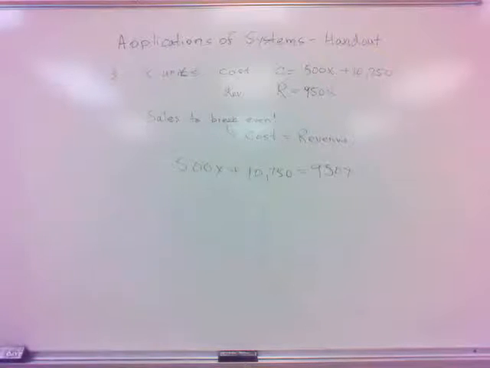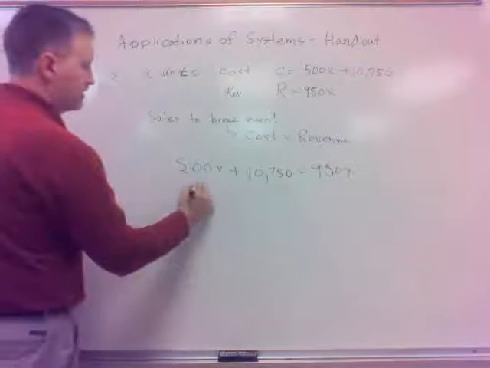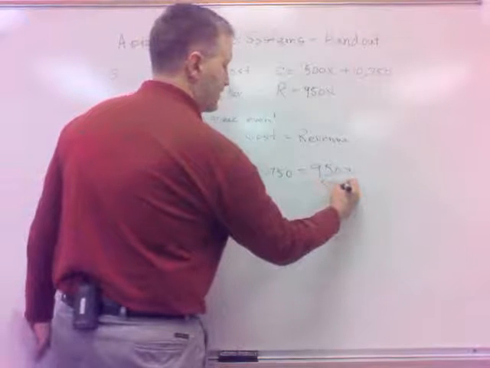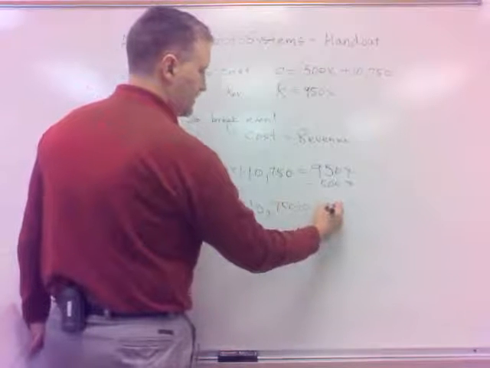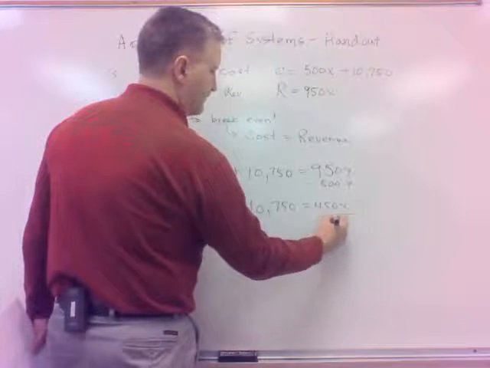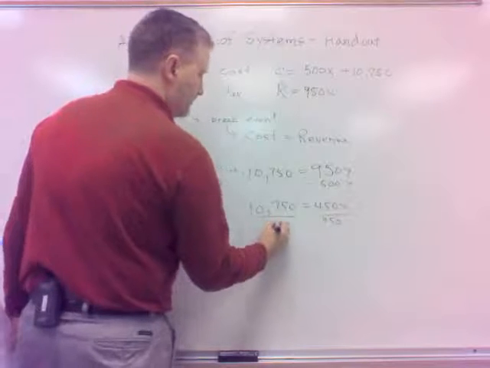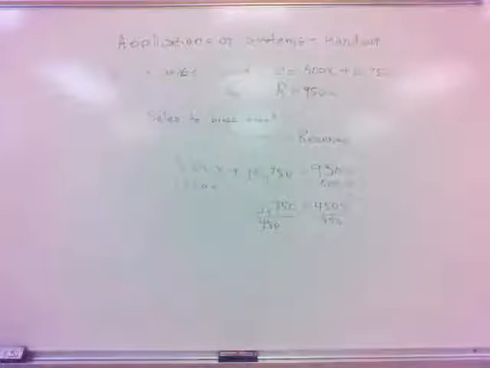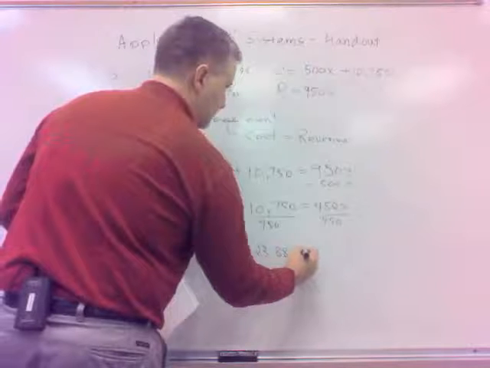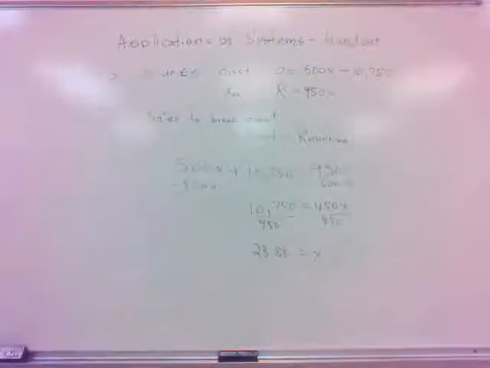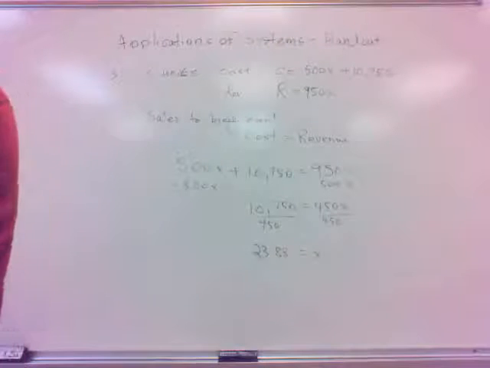So again, just a pretty simple little solving here. Subtract the 500X, and looks like we would have 10,750 equals 450X. Divide off the 450. And so we'd have to produce and sell, how many is that? 23.88 equals X. So it looks like 23 wouldn't be quite enough.